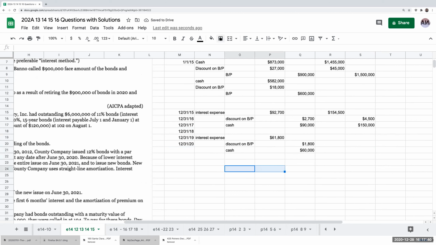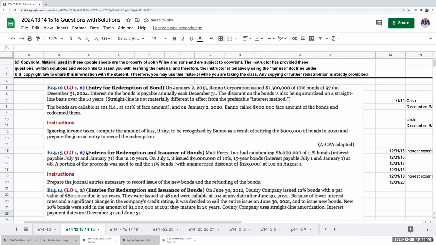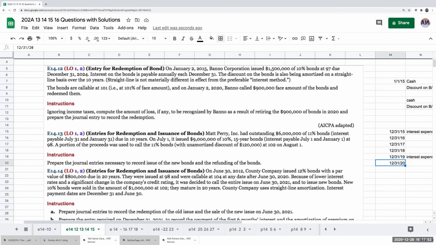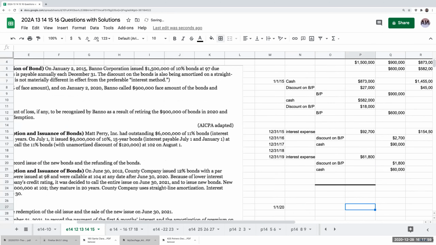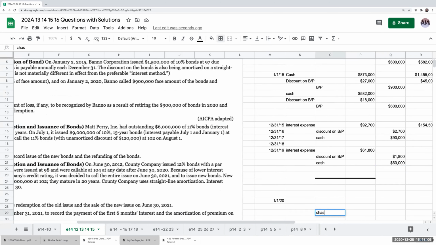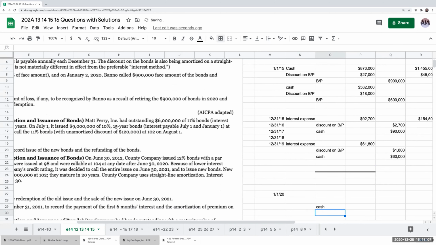Now we're redeeming the bonds, and the bonds are callable at 101. So I called them on January 2nd, 2020. On 1/2/20, I'm calling these bonds. What is that going to cost me to retire these bonds?